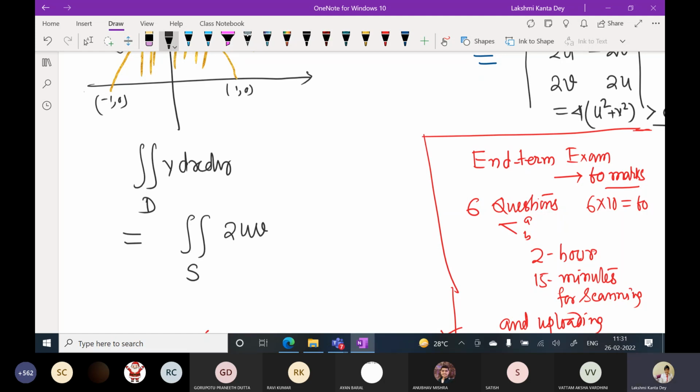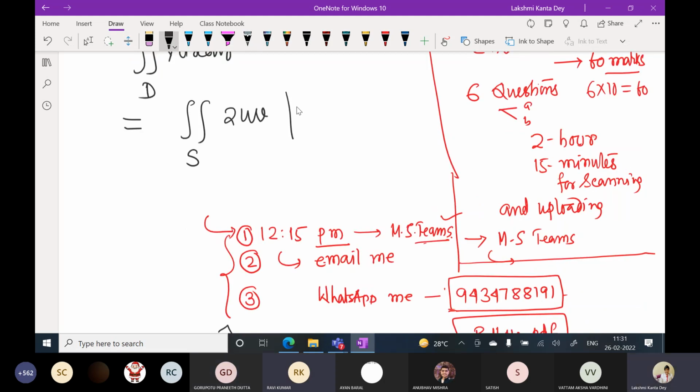And dx dy will be replaced by the mod of the Jacobian of the transformation into du dv, right?